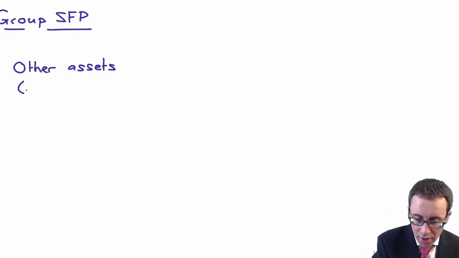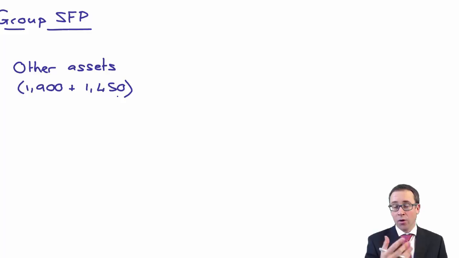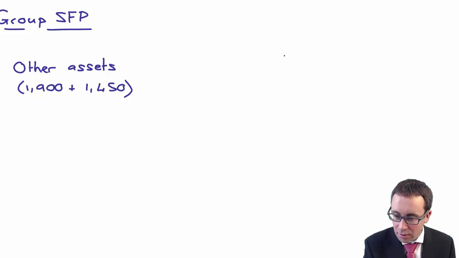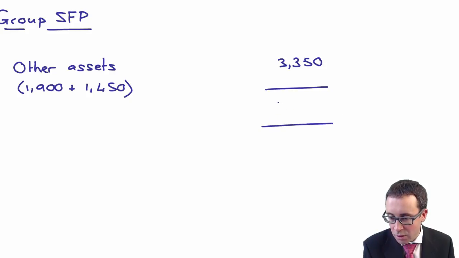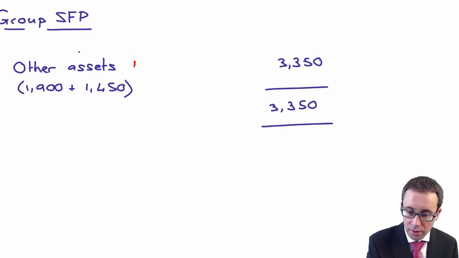The other assets are 1,900 plus 1,450. Remember, I've ignored the investment in the subsidiary. Does that give me 3,350? So when I total it up afterwards, there's nothing much else that's happening. That's 3,350. Again, if you so wish, that's step number 1, isn't it?